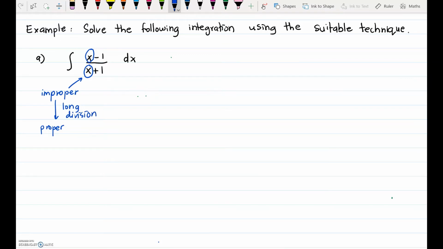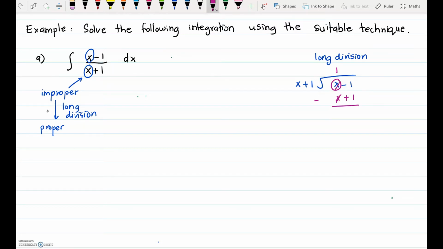Firstly, you have to perform your long division. We have x minus 1 divided by x plus 1. When you want to cancel off your x, it will be 1 here, and you have x plus 1, minus.